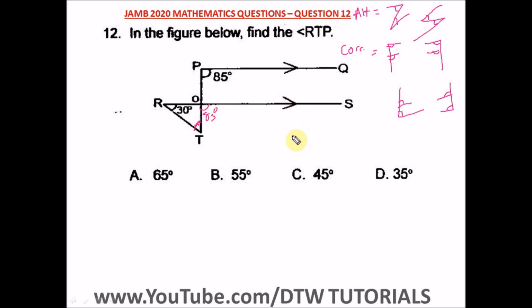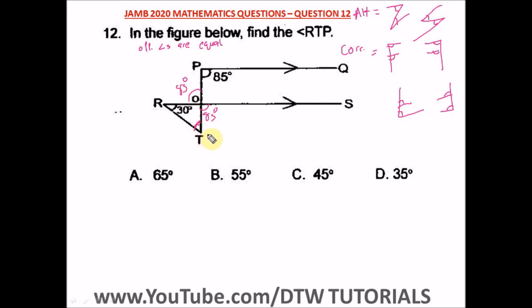And remember, our opposite angles are equal. So if here is 85, therefore here is 85 degrees.